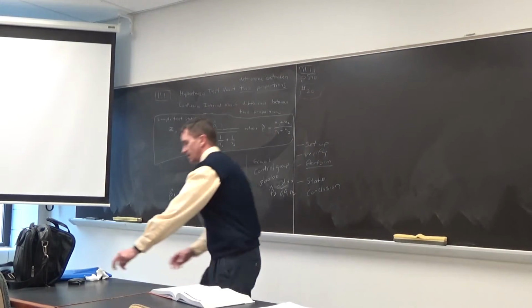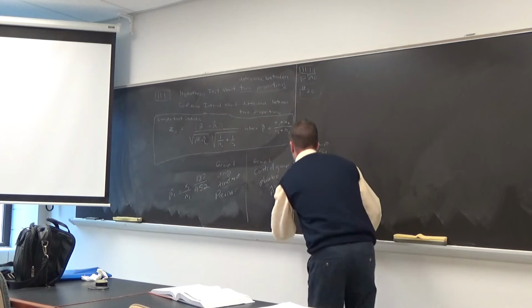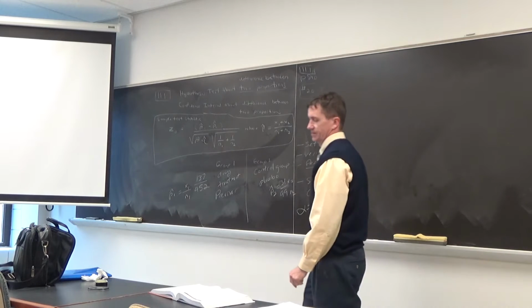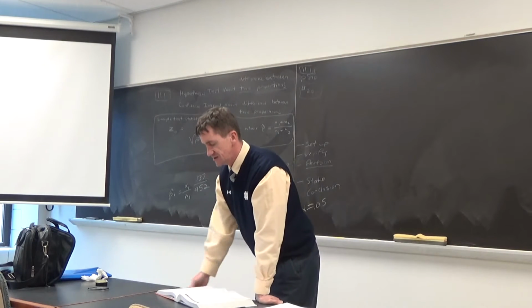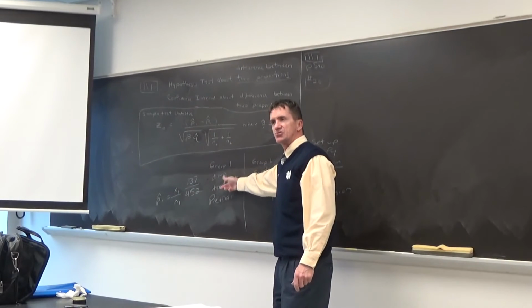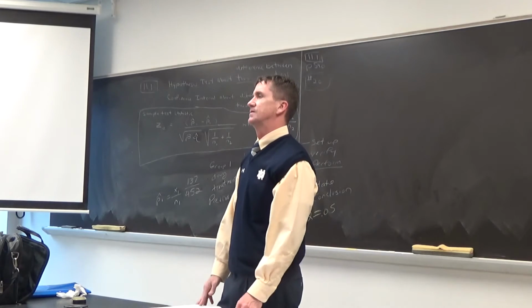I'm going to put that level of significance down. And then for this problem, alpha equals 0.05. That's your level of significance. Read the question again. Does the evidence suggest that a lower proportion in this group experience drowsiness than this group? Okay? That's what we're running.